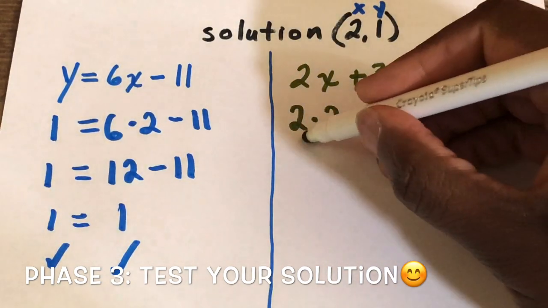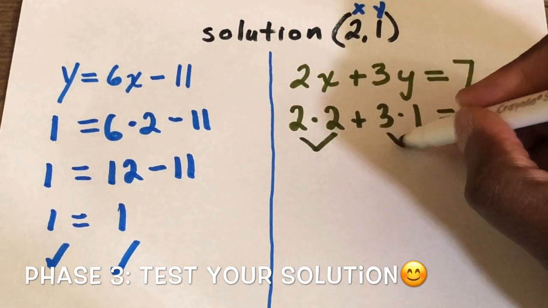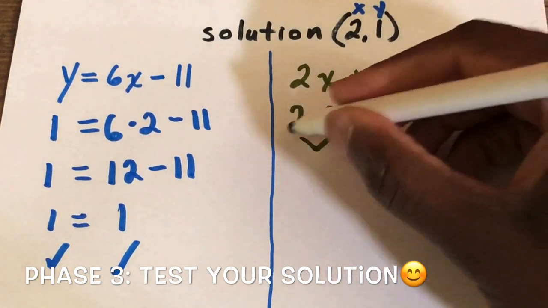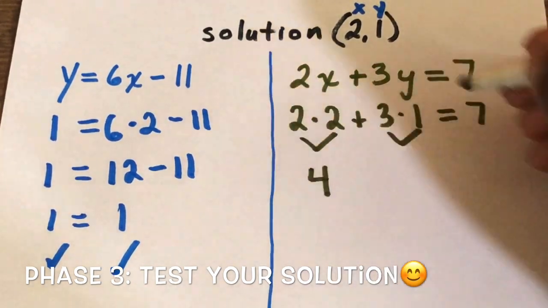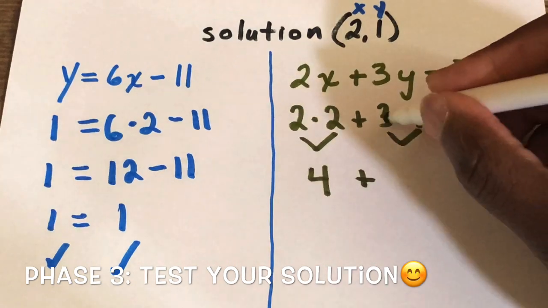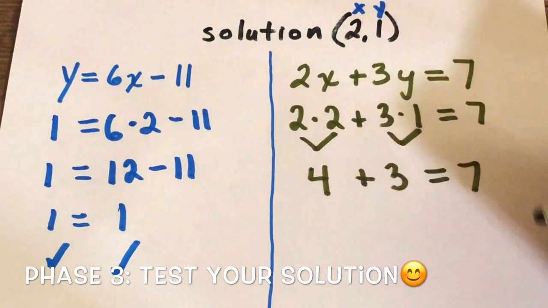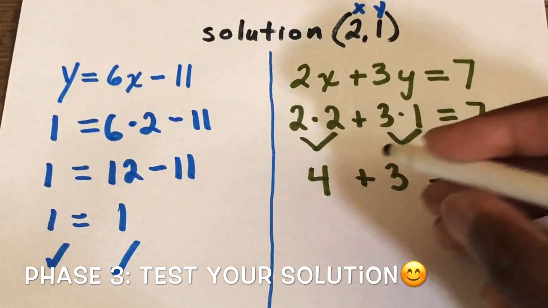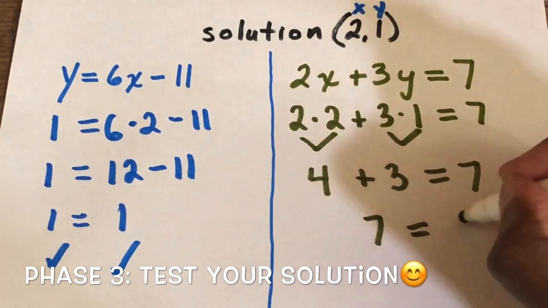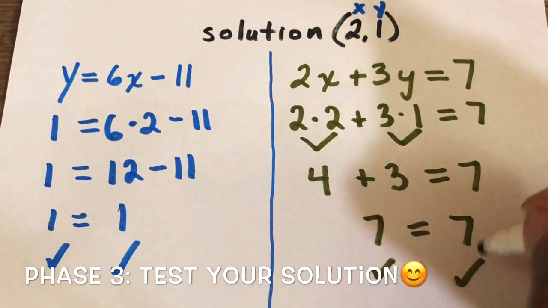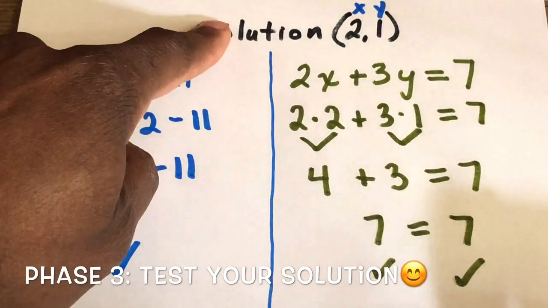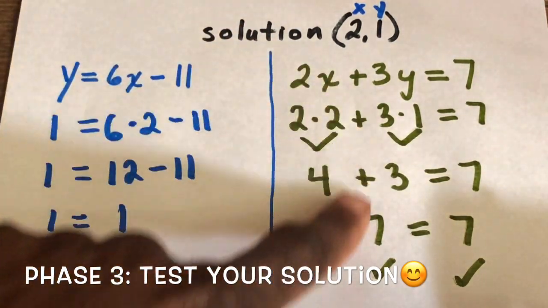Remember, you're following the order of operations. We have multiplications to do here. So 2 times 2 is 4, and add 3 times 1, which is 3. We want to see if that's equal to 7. Well, what's 4 plus 3? 7. So that means this is true. This solution makes this equation true.